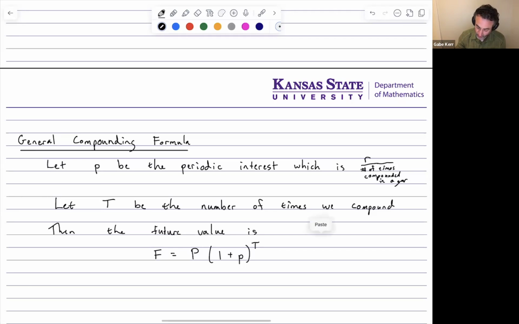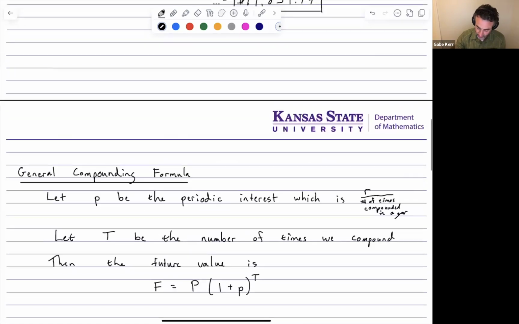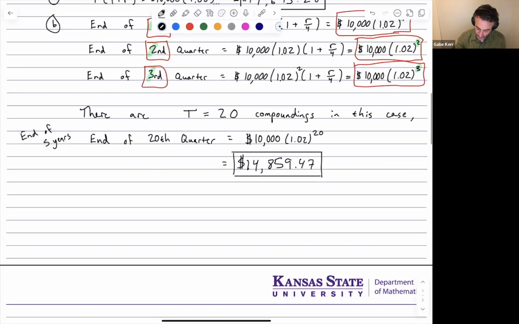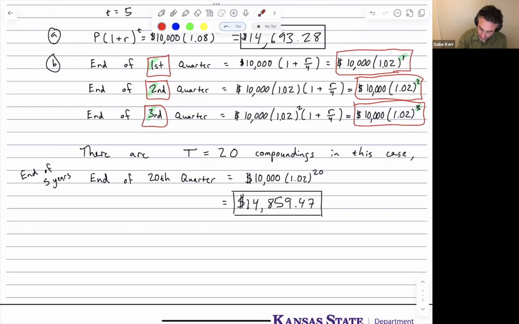All right, so where do we see this here in this previous problem? You'll see that this lowercase p is r over 4. So here, our lowercase p is our rate over 4, because the number of times we're compounding in a year is 4 times. That's once every quarter.